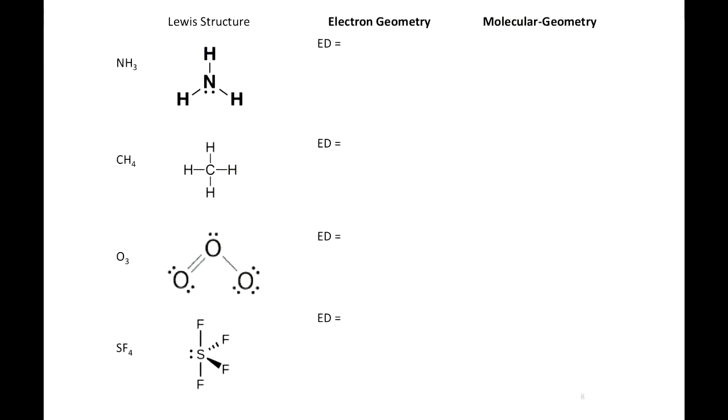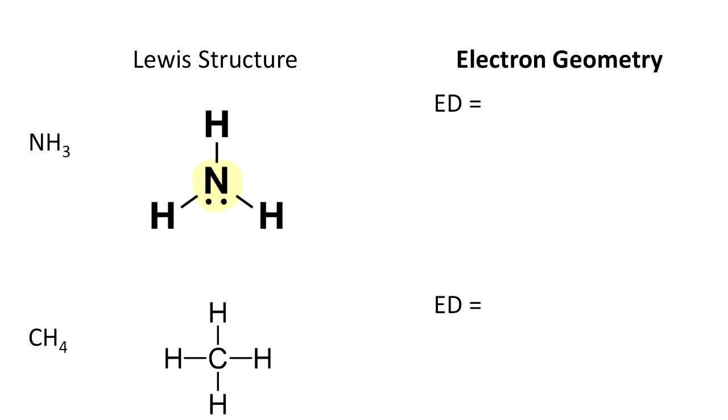All right, so let's go through these molecules one at a time. The first step is draw the Lewis structure, but we have all of those. So the next step is we want to focus on our central atom. In ammonia, NH3, that's the nitrogen atom. I like to just inventory what's on that nitrogen atom. It looks like there are 3 bonding domains and 1 lone pair.